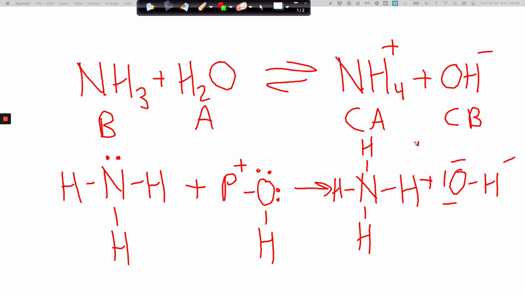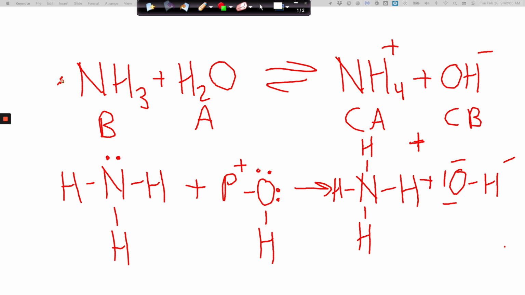Okay, so guys, the question becomes this: how does this chemistry happen? How does NH3, which has a full octet, form a fourth covalent bond with a proton, with a hydrogen, in order to turn into NH4?